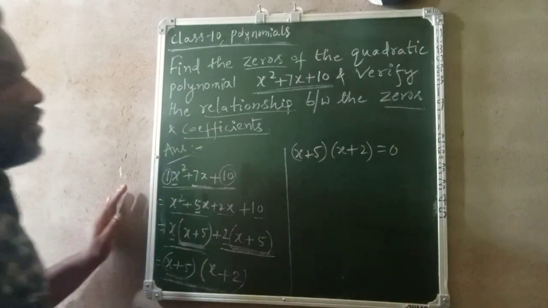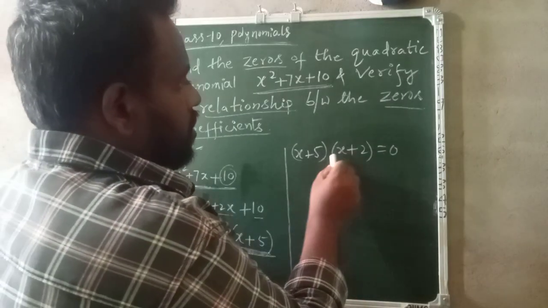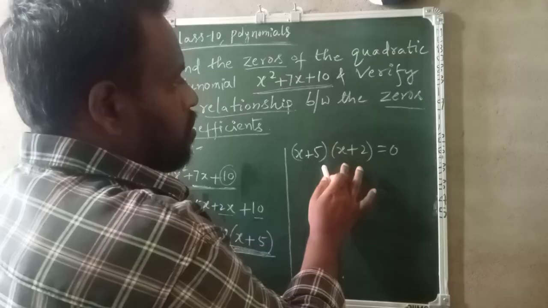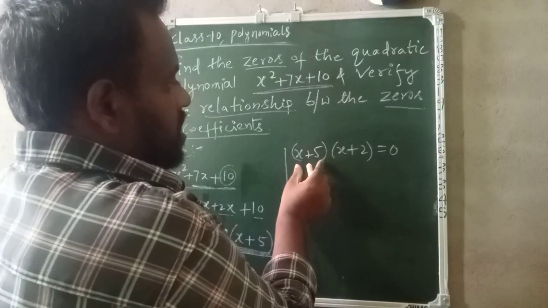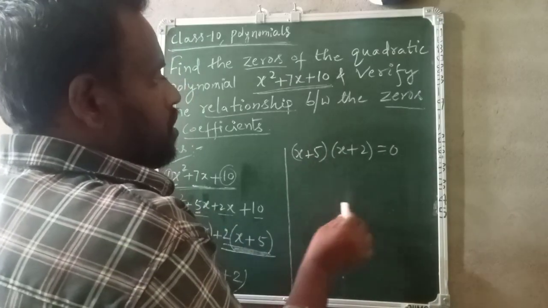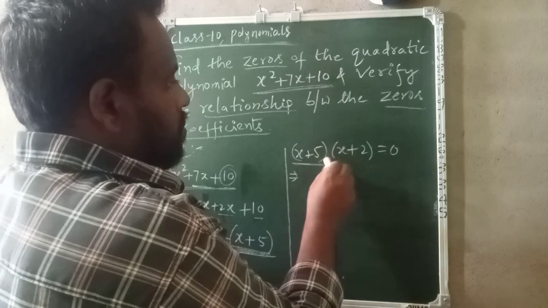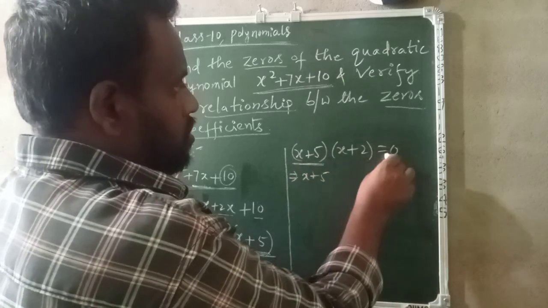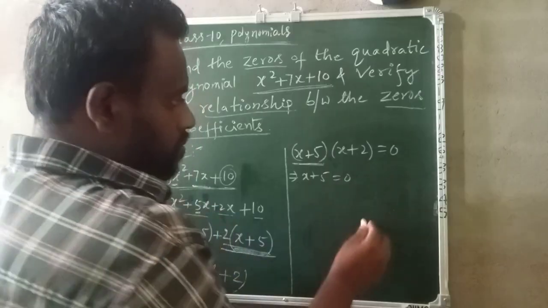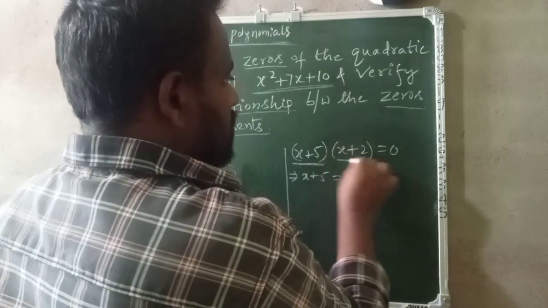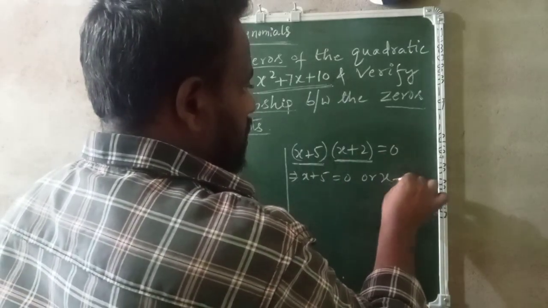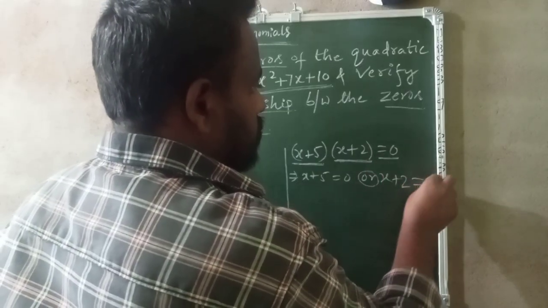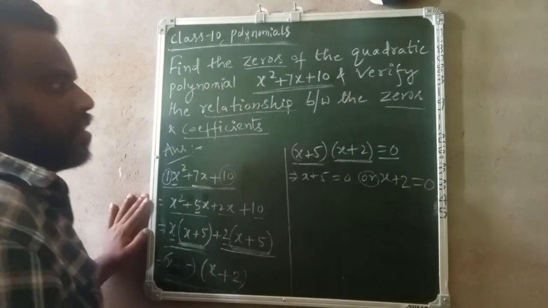Here nothing is there means into is there, because this is closed bracket, open bracket. Because of the product, x plus 5 is equal to 0, or take x plus 2 separately, x plus 2 is equal to 0.